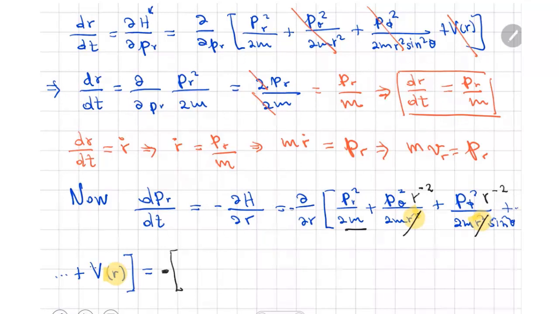The second term has a minus sign, and p_theta squared divided by 2m is going to be a constant. The derivative of r to the minus 2 is minus 2 r to the minus 3.